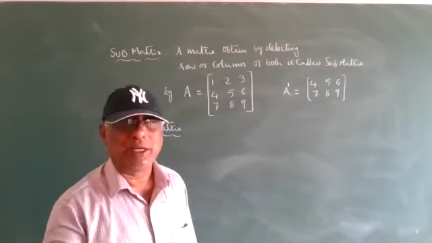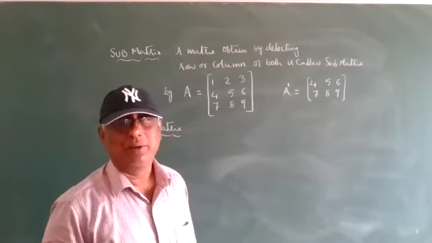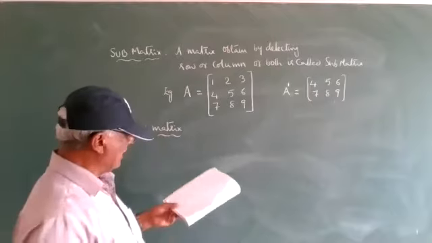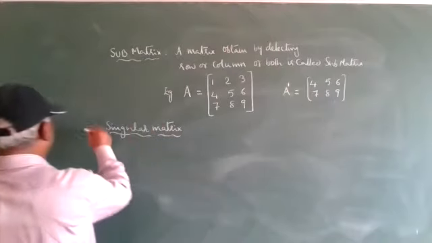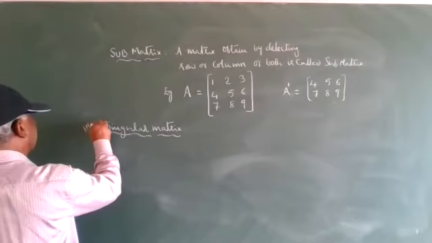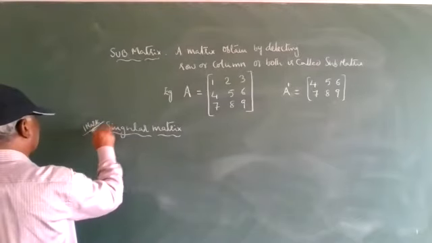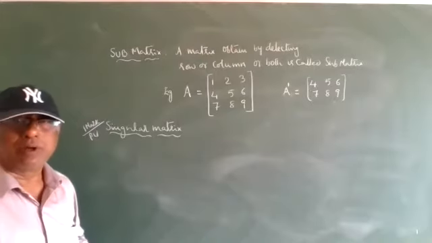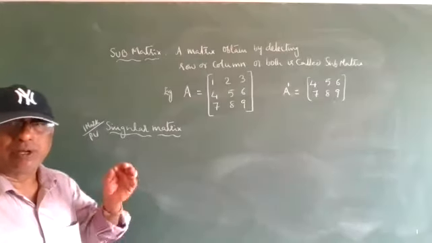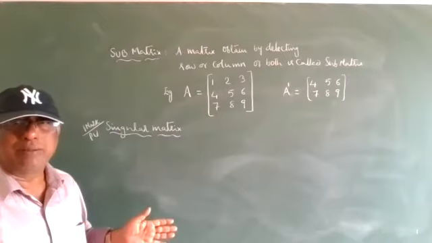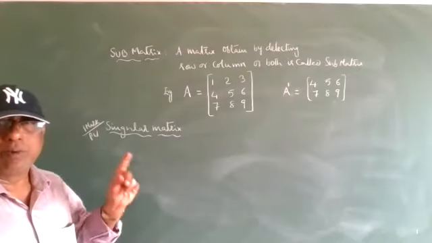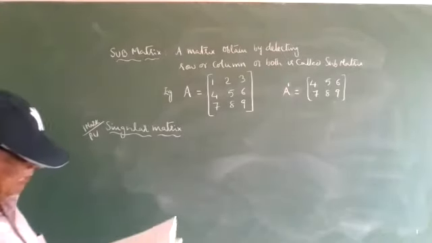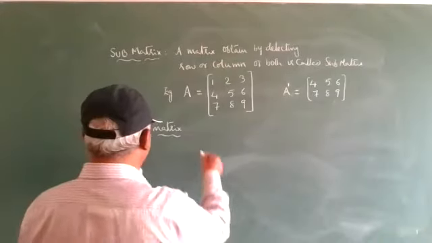How to find the determinant, sir? I will tell you. First write down the definition. This is a 1 mark question they will ask in the PU board: singular matrix or non-singular matrix.